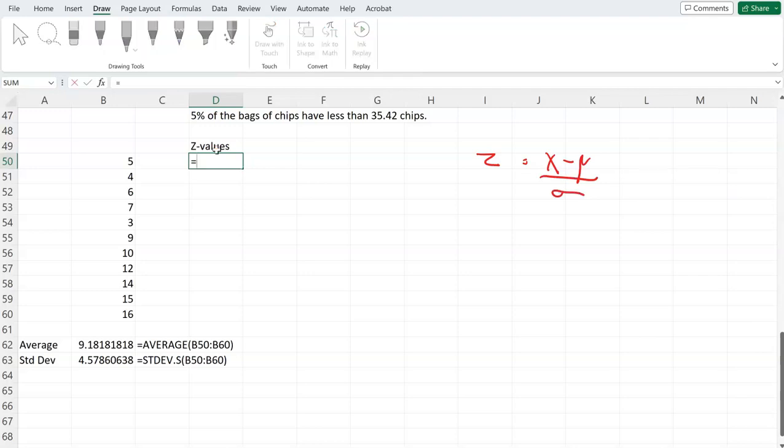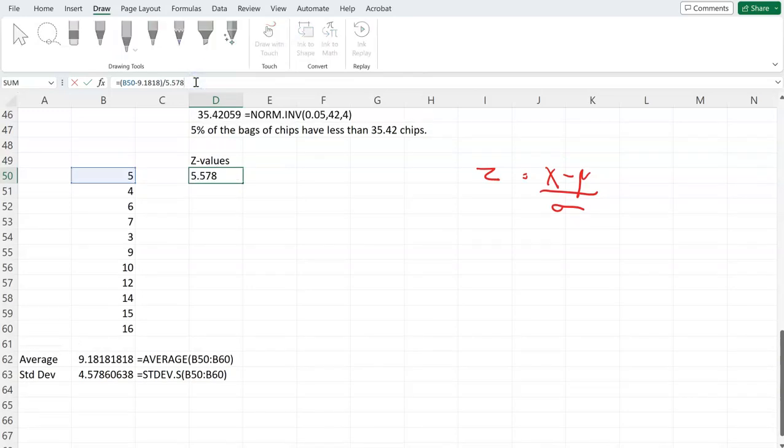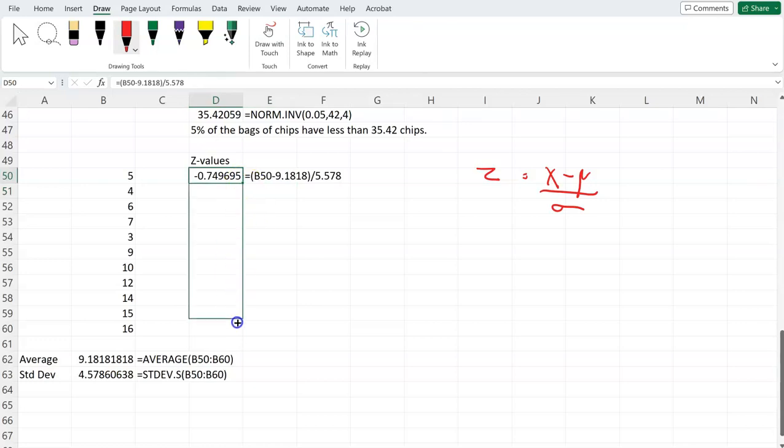So it's the value x that we have minus the average 9.1818, divided by the standard deviation, which is 4.578. After we obtain this z-value, we can copy this formula all the way down.